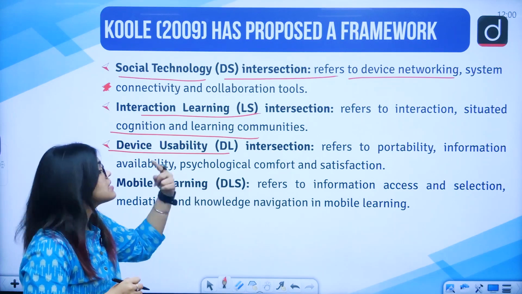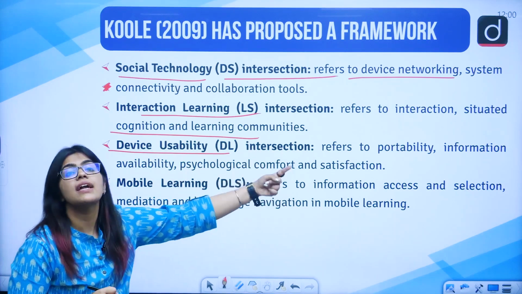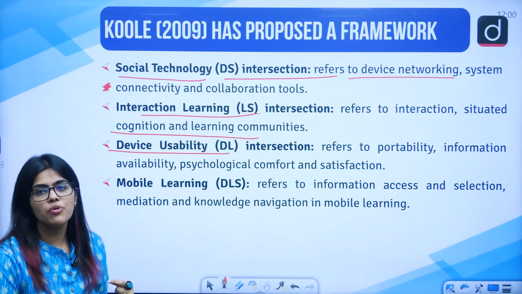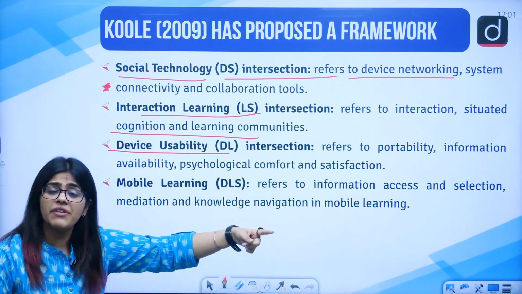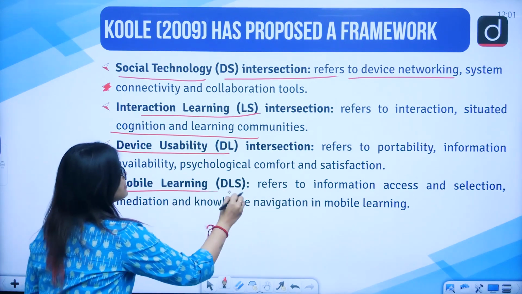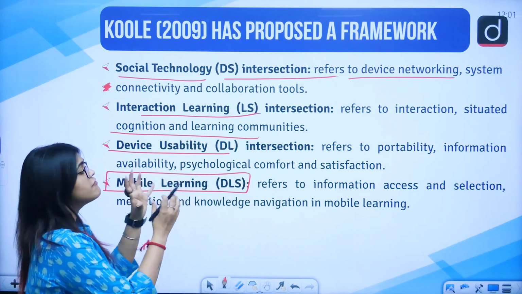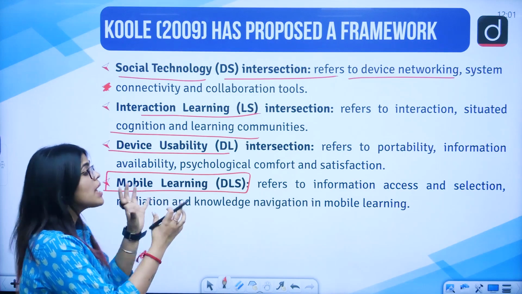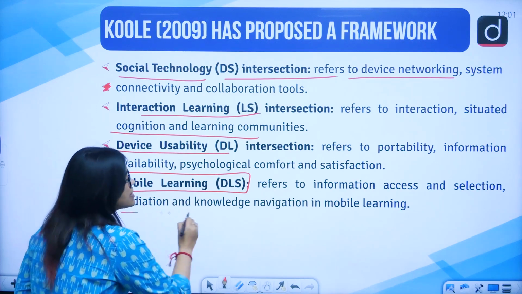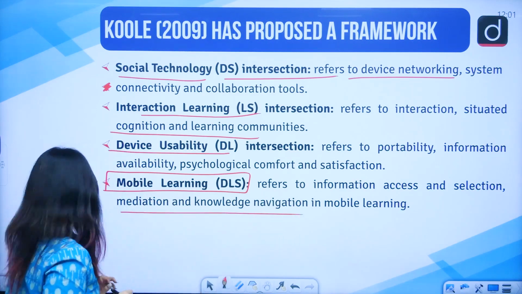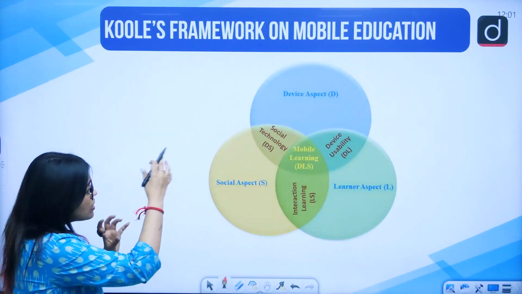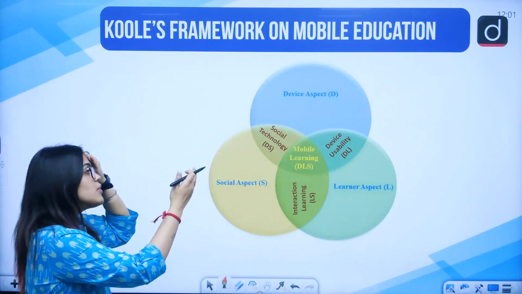What will be the psychological comfort and satisfaction that this will be providing? Is the course effective? Then there will be one intersection, that is mobile learning: how information is becoming more and more accessible using mobile phones.